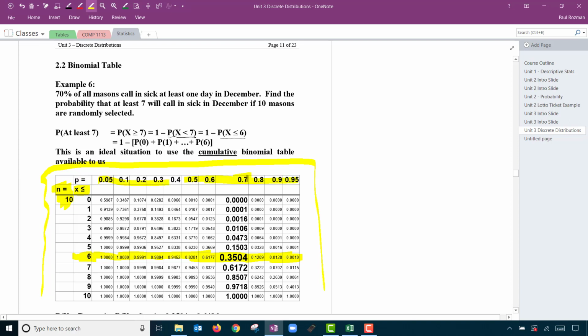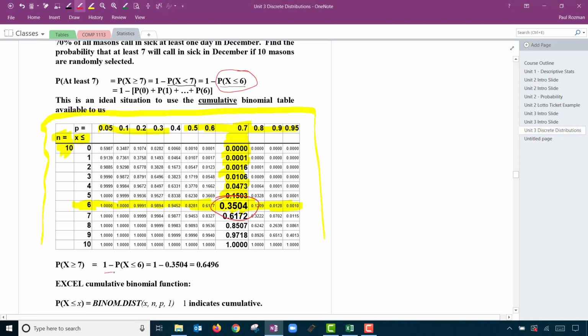We want 0.7, so we're in this column, and we get this probability here. So the table solves this piece of it. And we're done. No real calculation required, except we have to do 1 minus this answer. So 1 minus 0.3504 is 0.6496.